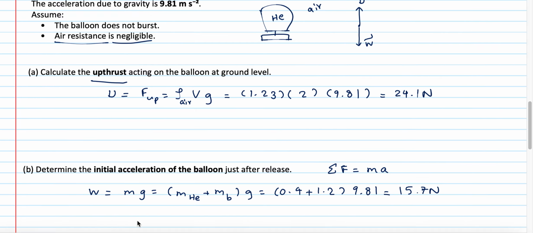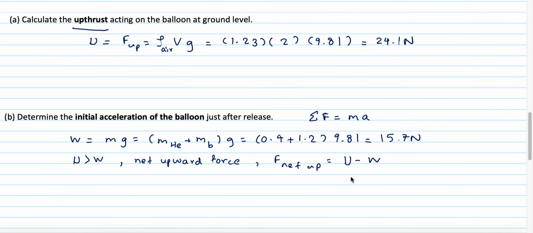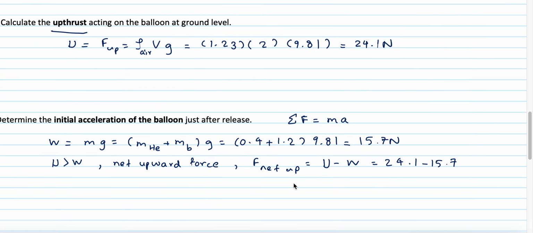That means there will be a net upwards force, which will be equal to the upthrust minus W. And then for this one, we will get 8.4 Newton.